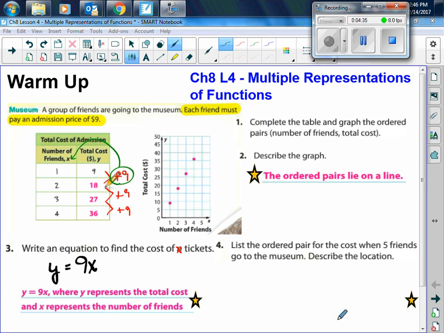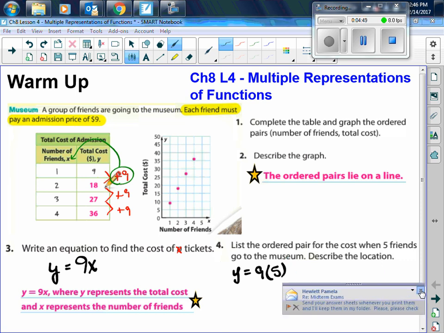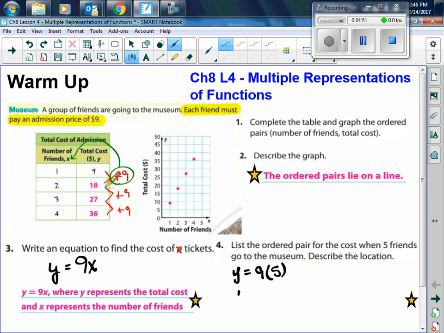Yes, we are going to put 5 in for the X. Very good. So we have Y is equal to 9 times 5. So Y is equal to 45 when X is equal to 5.